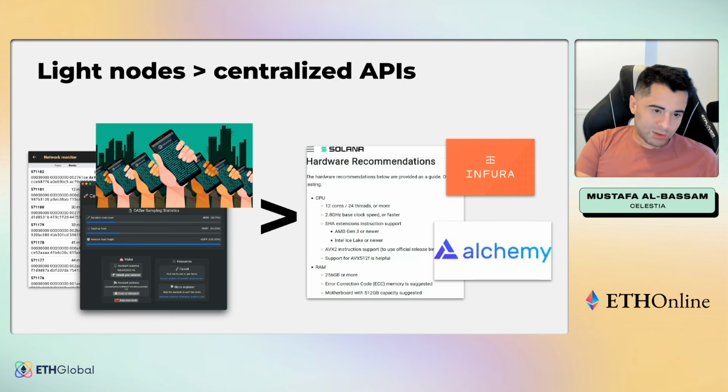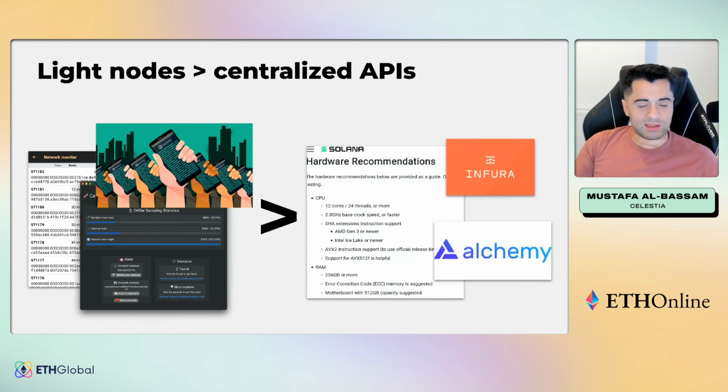So what are some of the values of modular blockchains? First of all, light nodes. One of the biggest disappointments of Web3 over the past decade is that everyone just uses centralized endpoints like Infura and Alchemy.